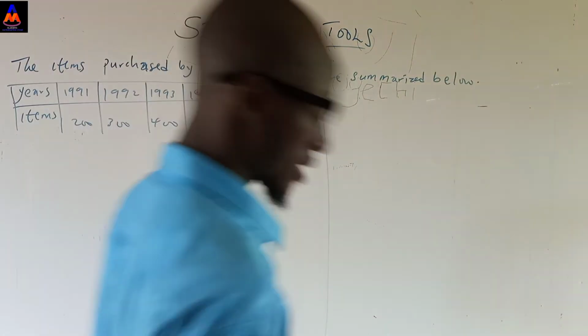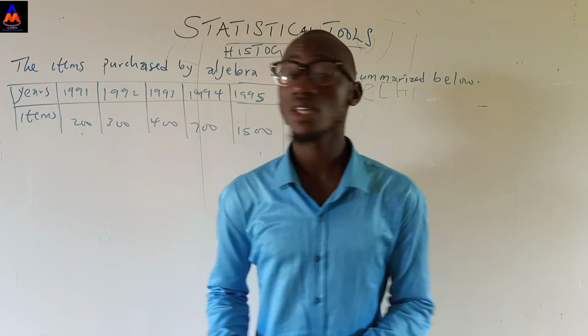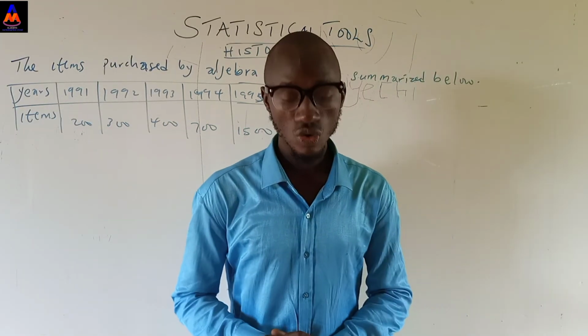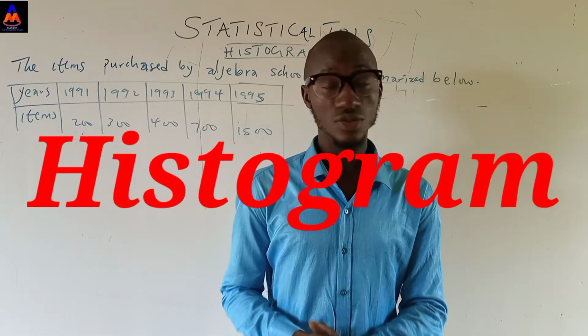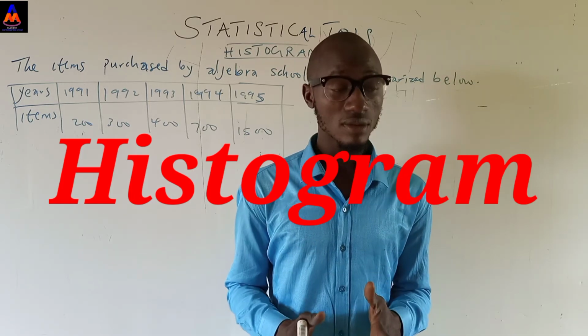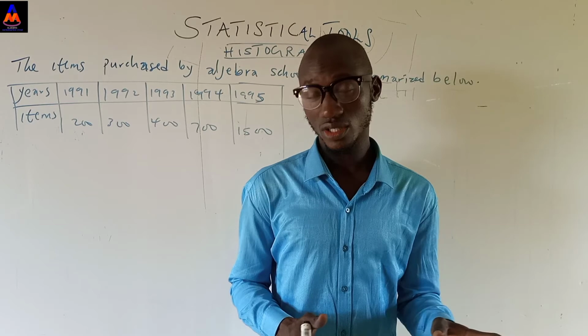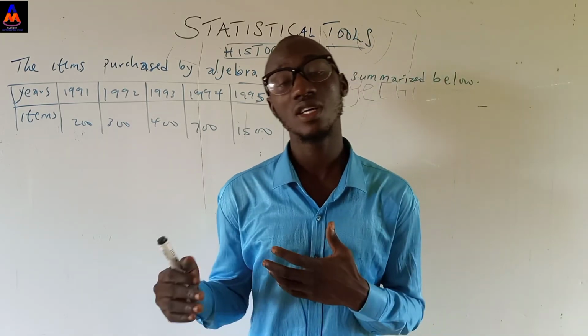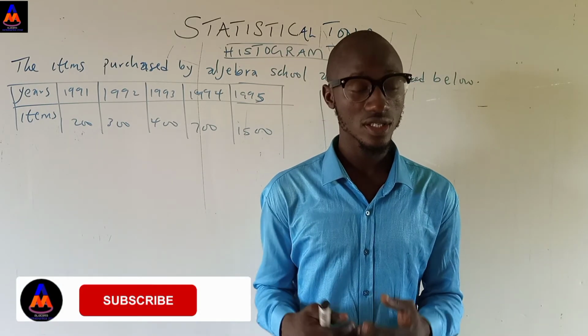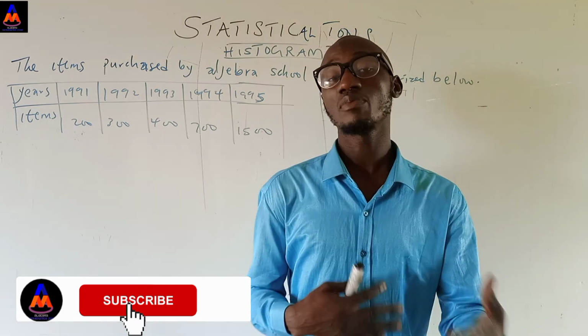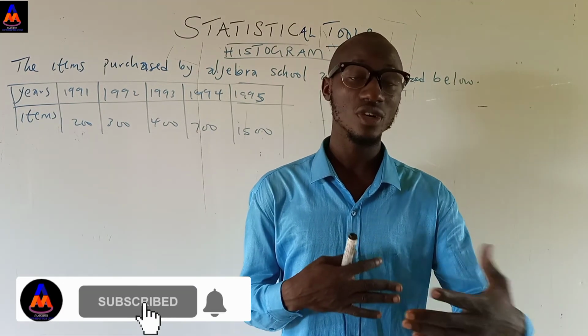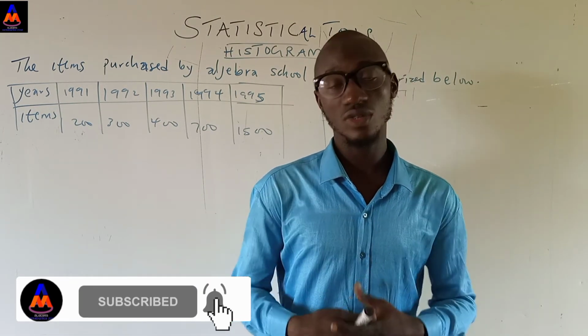The third statistical tool that we're going to demonstrate, and that will be the last one, is called a histogram. A histogram also looks like a bar chart, but the only difference between a histogram and a bar chart is that instead of each of the bars being spaced with equal width, the histogram bars will be joined together.